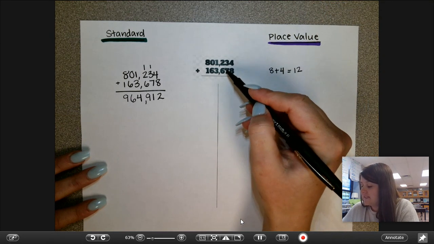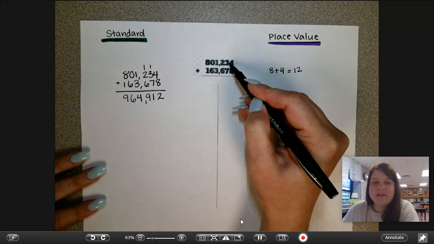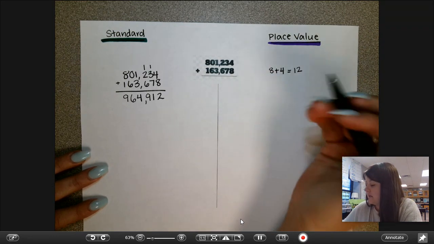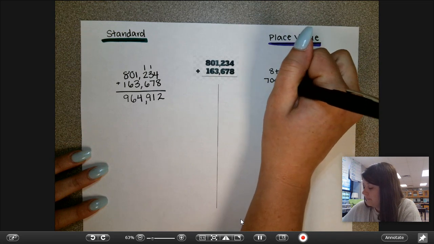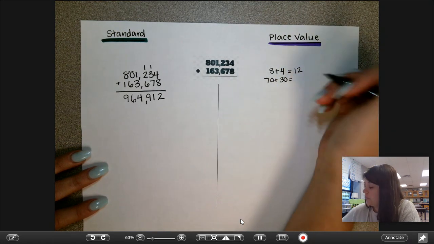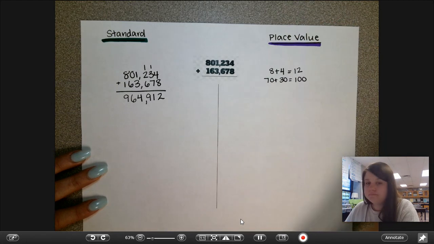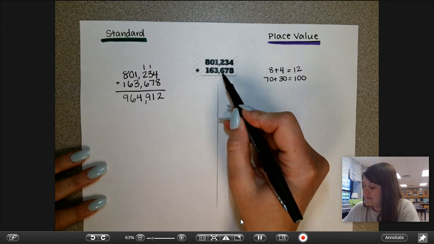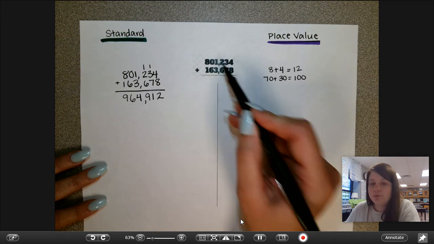Next, I'm moving on to the tens place. So the 7 and the 3 isn't just 7 and 3, it's 70 plus 30. And I know 70 plus 30 is equal to 100. Next, I'm going to go to the hundreds place, and I see 600 plus 200.